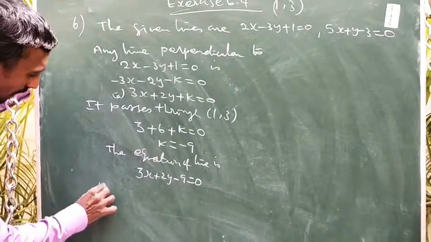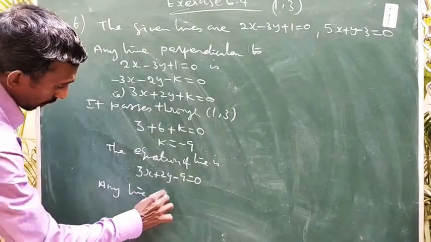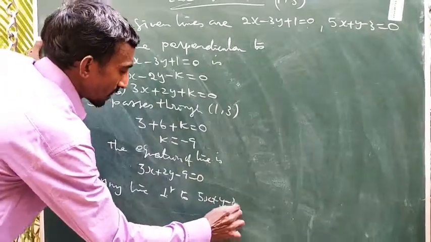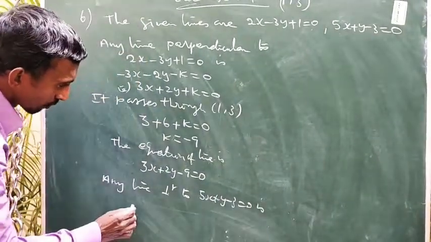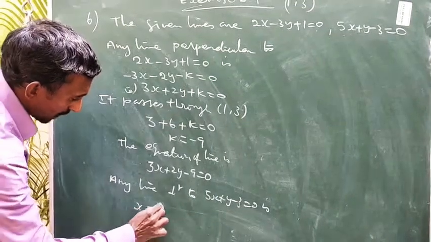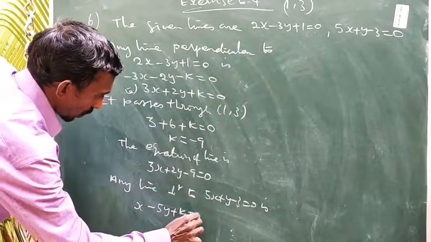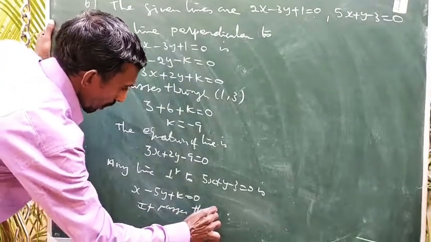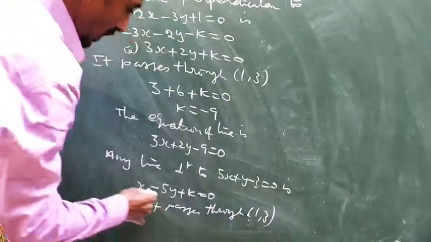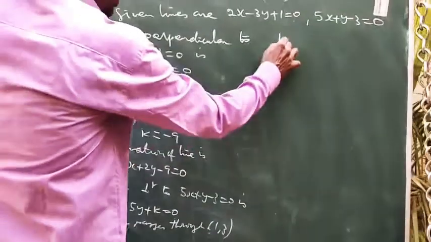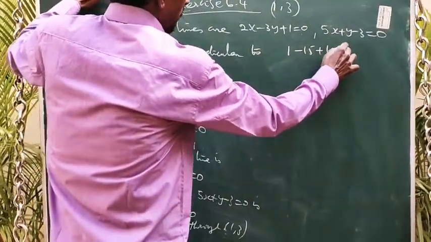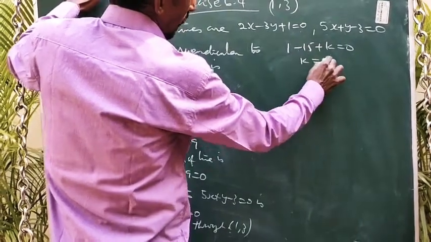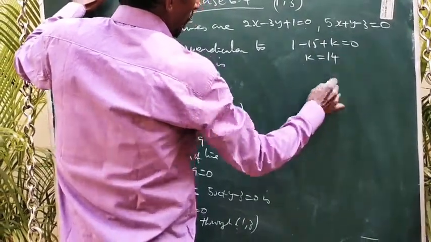Similarly, any line perpendicular to 5x plus y minus 3 equal to 0 is of the form x minus 5y plus k equal to 0. Again it passes through the point (1, 3). So put it here: 1 minus 15 plus k equal to 0. So k equals 14.